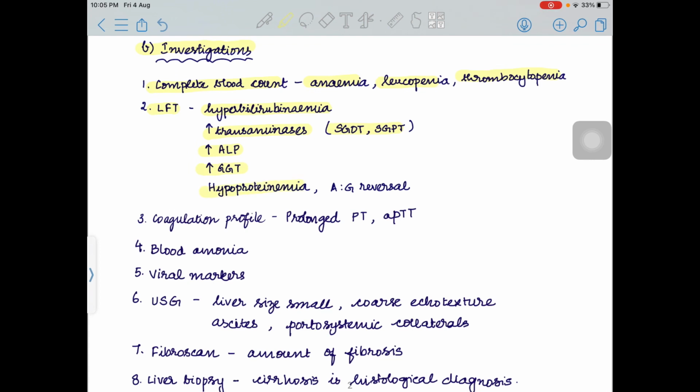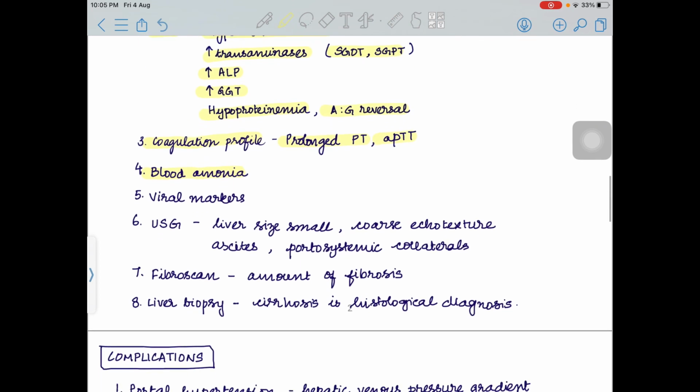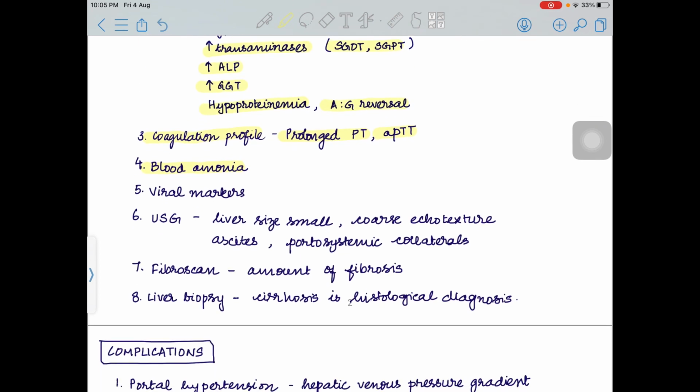There will be hypoproteinemia and there will be albumin to globulin reversal. In coagulation profile, we can see that PT, prothrombin time, and activated partial thromboplastin time, both will be prolonged. Blood ammonia will be the characteristic investigation that we will be doing in case of cirrhosis. Viral markers to find the etiology of cirrhosis.